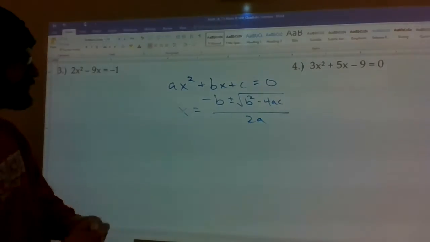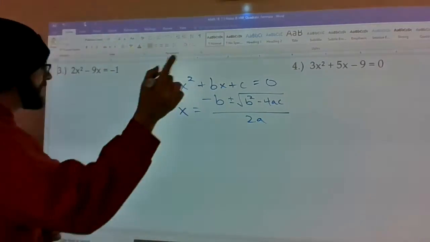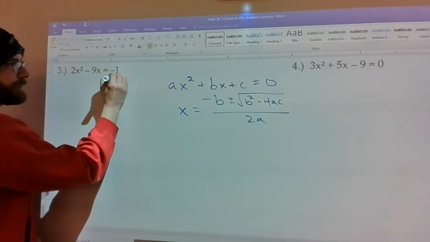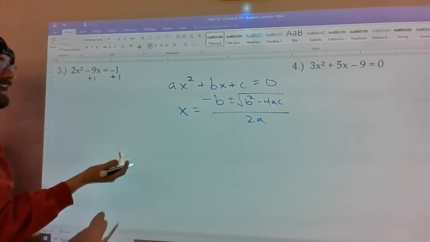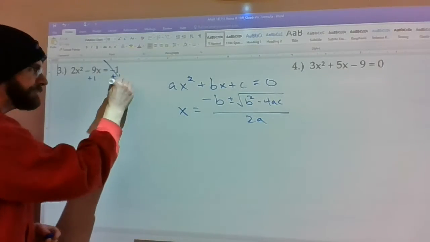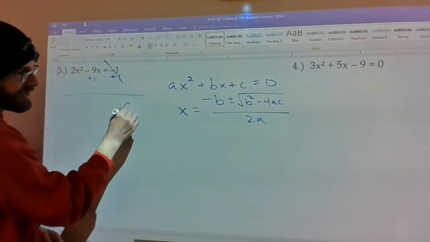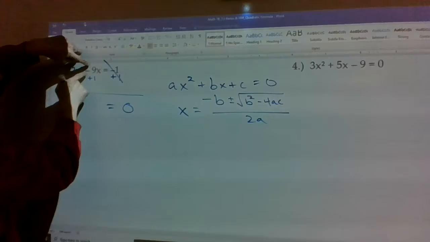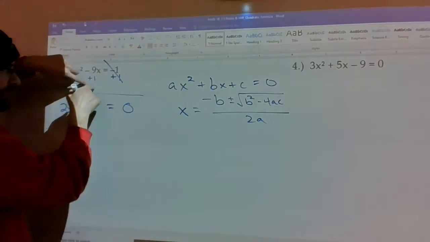Okay, let's check ourselves. Step 1, I've got to get 0 by itself. So this negative 1 needs to be added to the left. Now, I know there's nothing to add it to, but I have to zero out the right-hand side here. Now I've got 2x squared minus 9x plus 1.